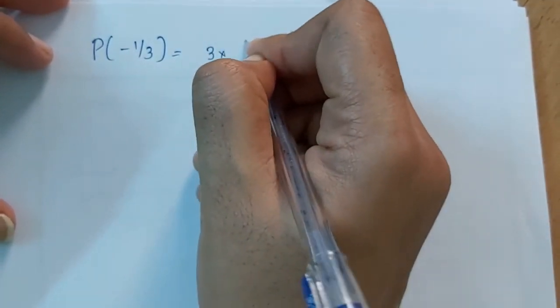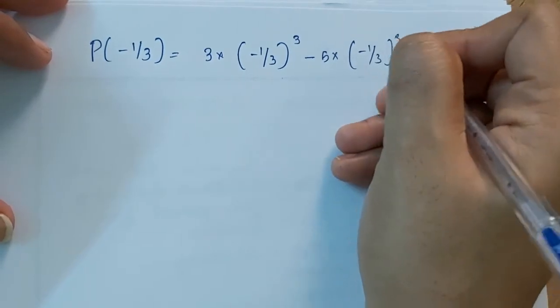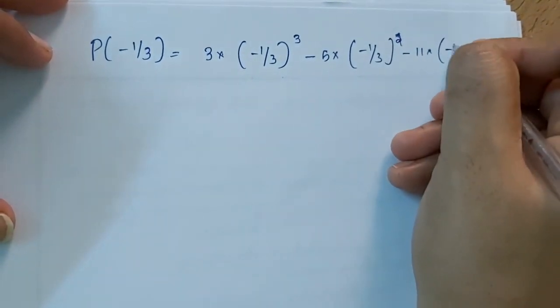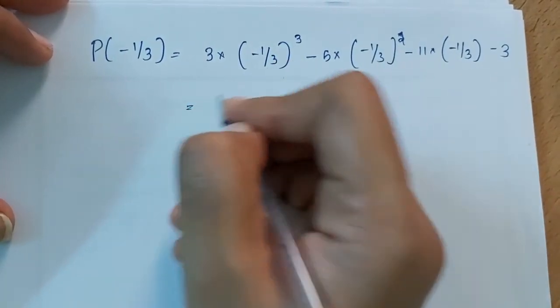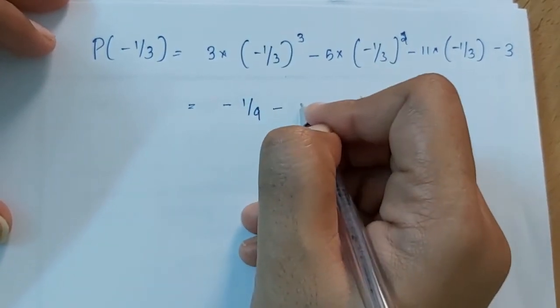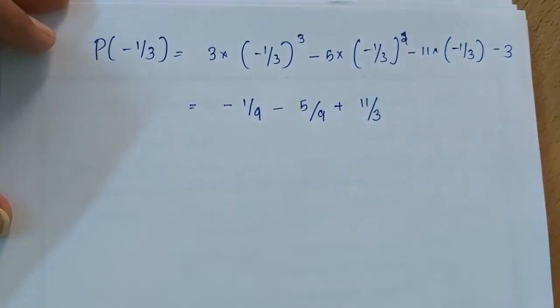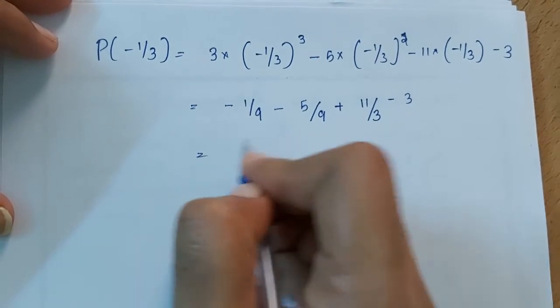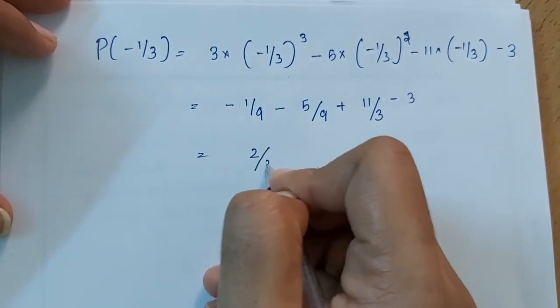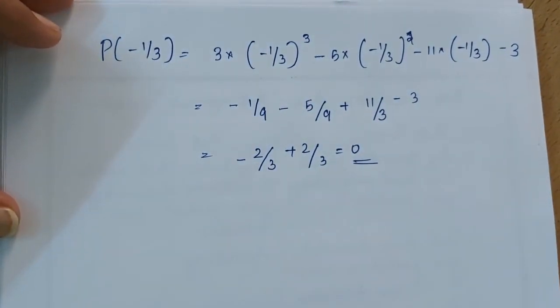p of minus 1 by 3 is equal to 3 into minus 1 by 3 the whole raised to 3 minus 5 into minus 1 by 3 the whole square minus 11 into minus 1 by 3 minus 3, which is equal to, when we multiply and cancel, minus 1 by 9 minus 5 by 9 plus 11 by 3 minus 3, which is equal to minus 2 by 3 plus 2 by 3, which is equal to 0.